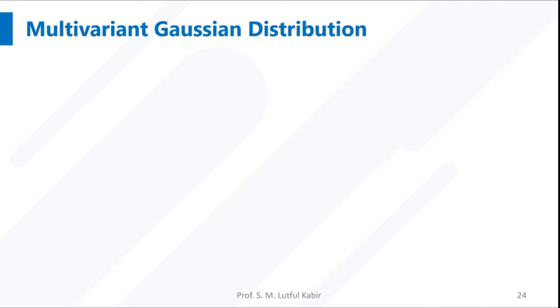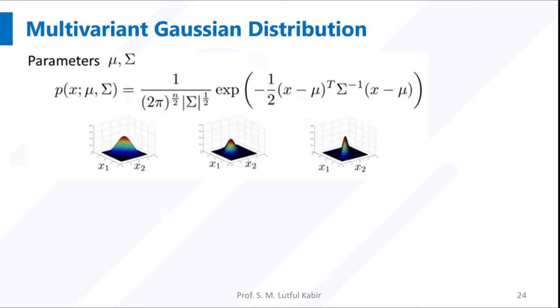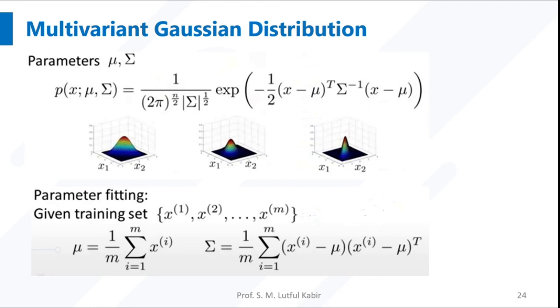Let us summarize the algorithm for the multivariate Gaussian distribution. First of all, you have to calculate the probability of x parameterized by mu and sigma, with the equation that we have already discussed. So you have to calculate mu and sigma; mu is calculated by this formula and sigma by another formula.